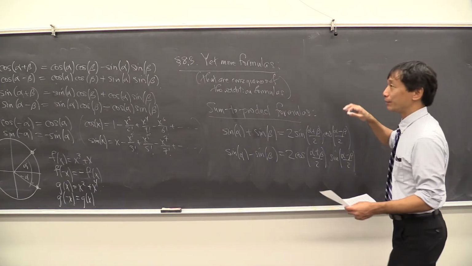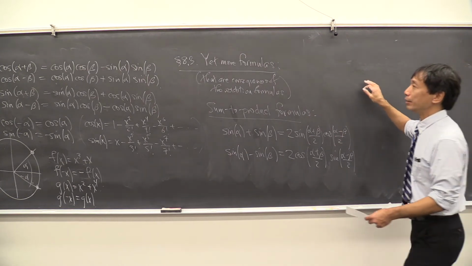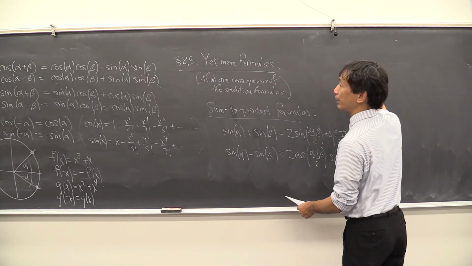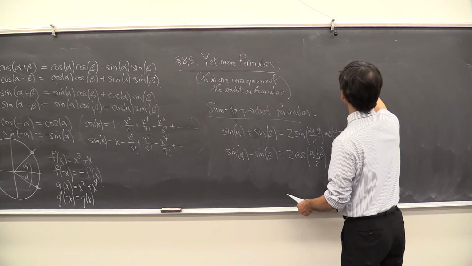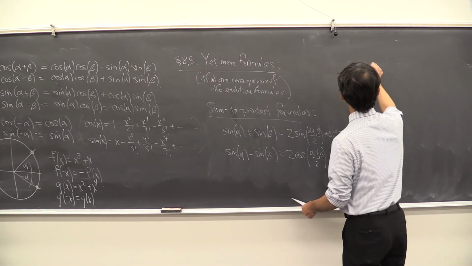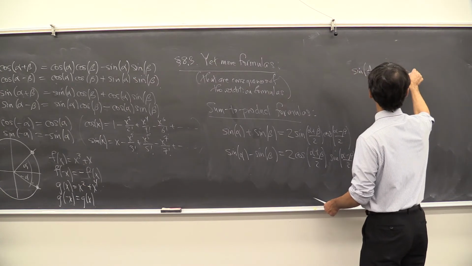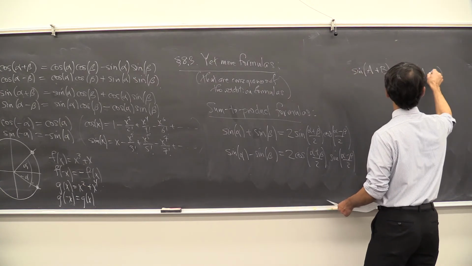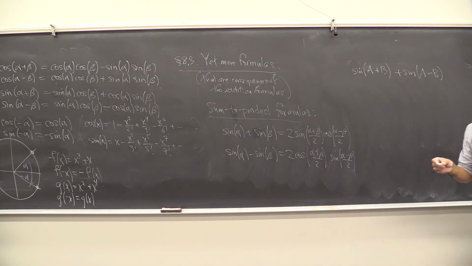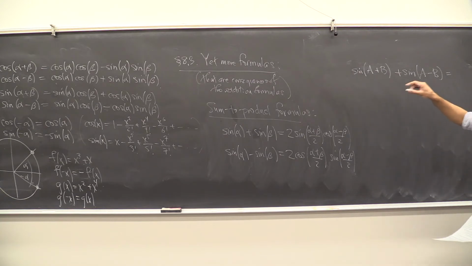So we're going to play kind of a weird trick. If we add 3 and 4, then we get, and I'm going to use capital letters here, sine A plus B plus sine A minus B, and that's going to equal twice sine A cosine B.